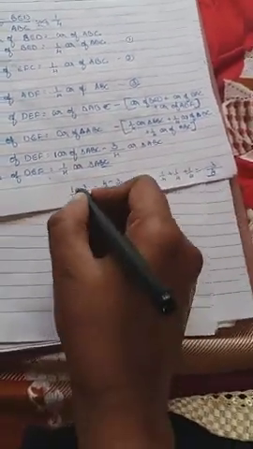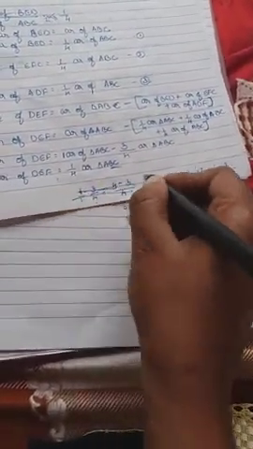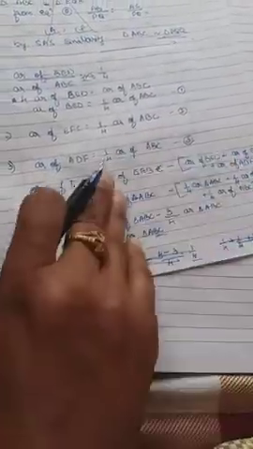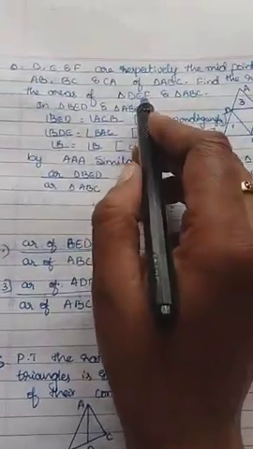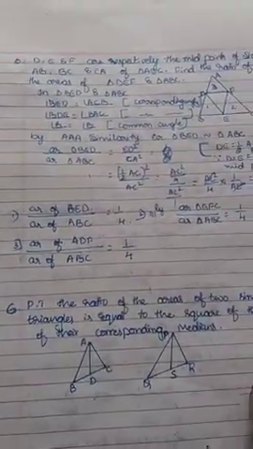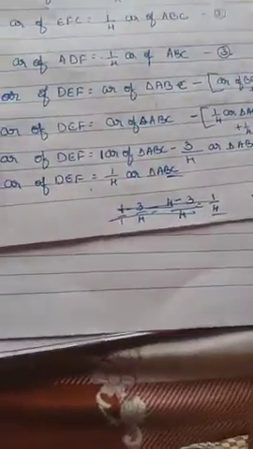They have asked us to find the ratio of the area of triangle DEF and the area of triangle ABC. That ratio we want to find out.